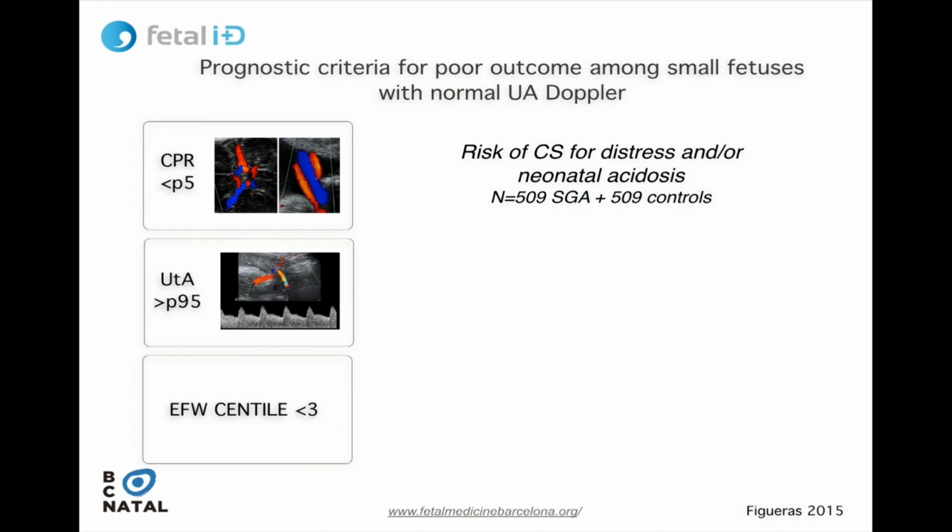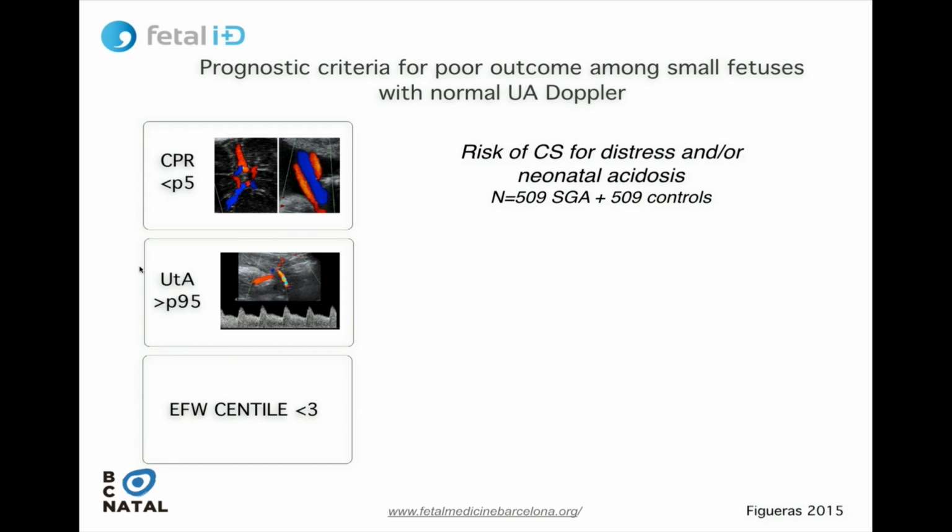But there have been other studies over recent years showing that aside from the cerebral-placental ratio, which classifies very well small fetuses into high risk and low risk, you should also use the uterine artery at the moment of diagnosis. Be aware that it's not screening uterine artery in the first trimester.